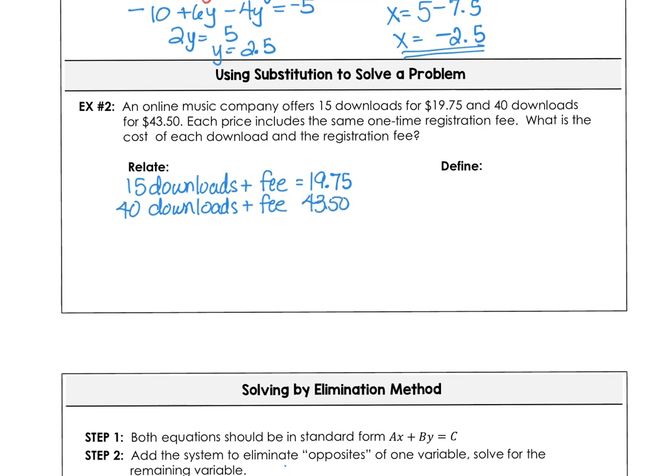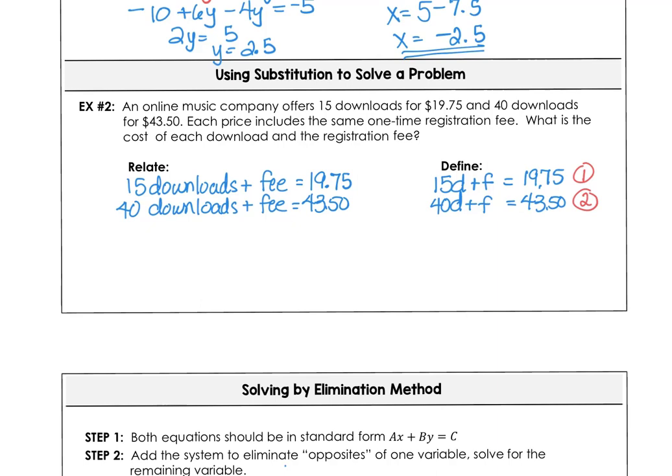If we let D stand for downloads and F stand for fee, we have 15D plus the fee, F, is $19.75. That's equation number 1. And then equation number 2 is going to be 40D for downloads plus F for the fee, and that would cost $43.50.